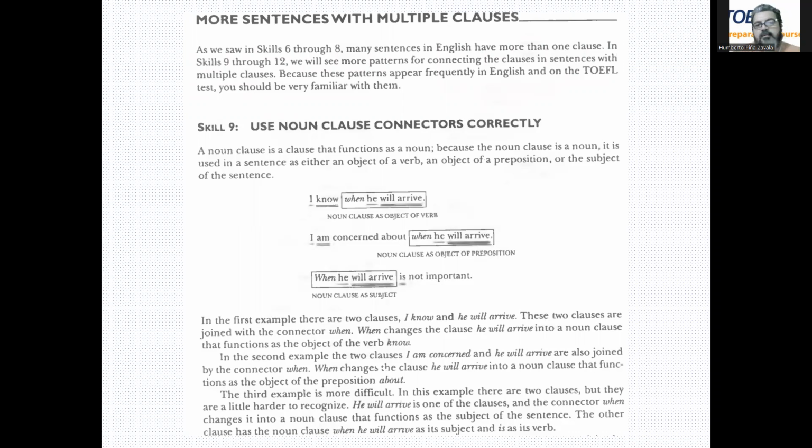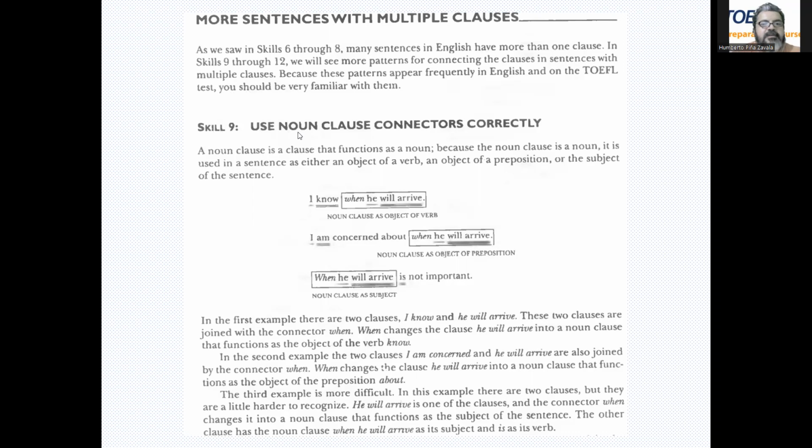And then we worked with multiple clauses, working with adverb clause connectors, and everything. So we got more sentences with multiple clauses. As we saw in skills 6 through 8, many sentences in English have more than one clause. In skills 9 to 12, we'll see more patterns for connecting the clauses in sentences with multiple clauses. Because these patterns appear frequently in English and on the TOEFL test, you should be very familiar.